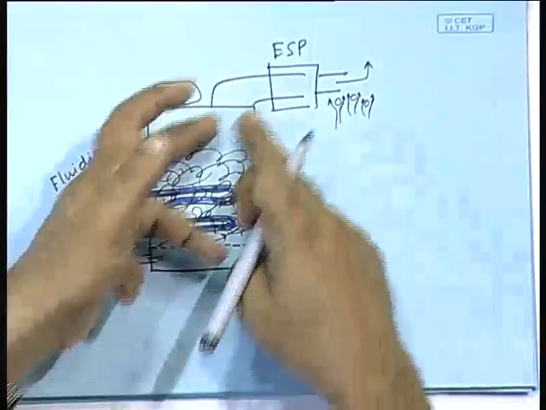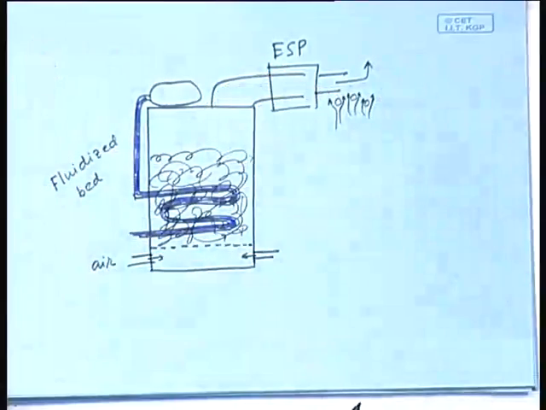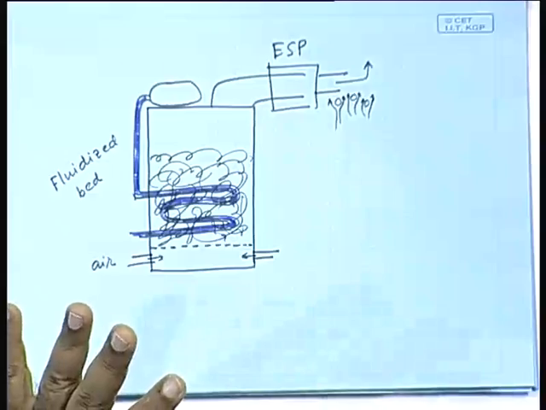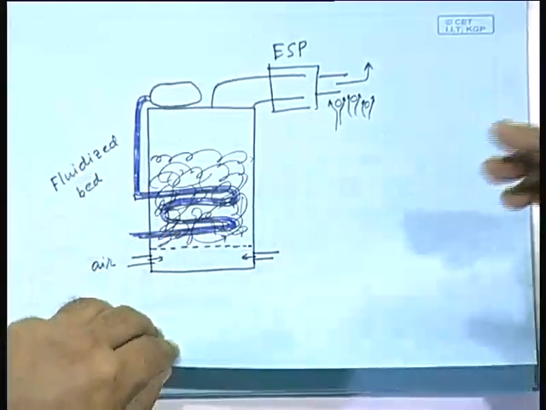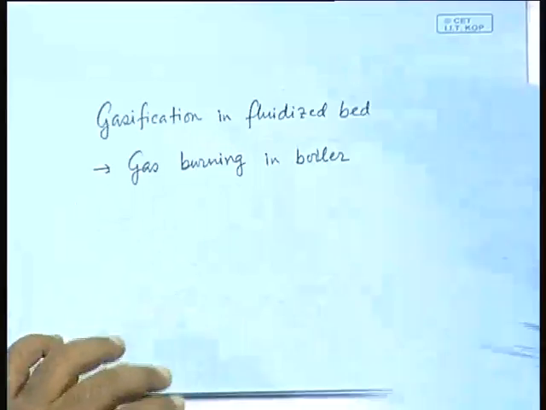So after the electrostatic precipitator you obtain the gaseous fuel, okay, clean gaseous fuel. So that is the process that is coming up today, and possibly by the time you become full-fledged engineers you will have some of them.